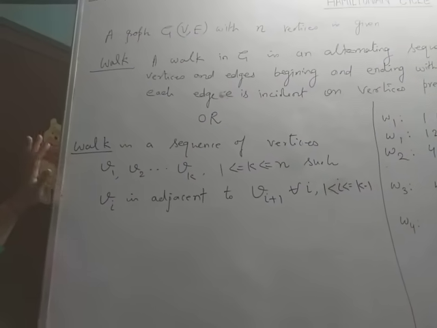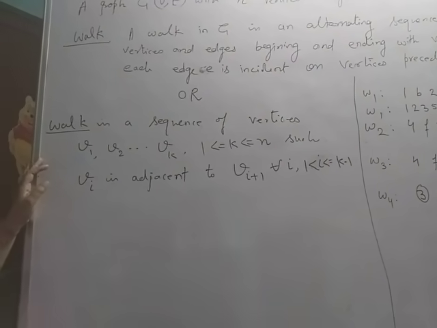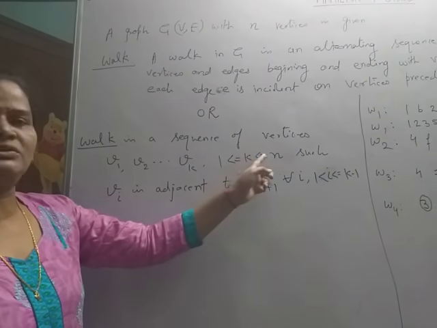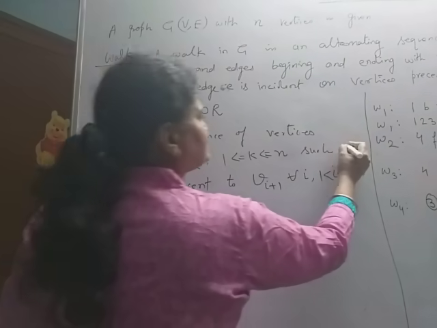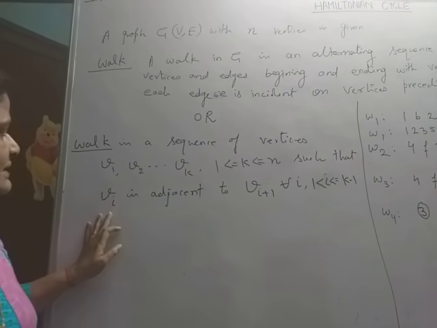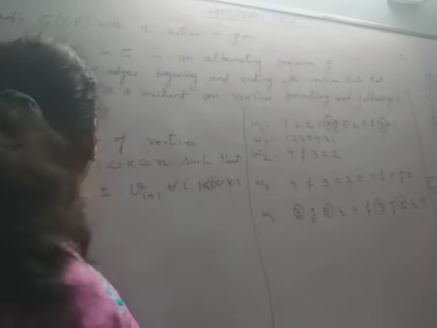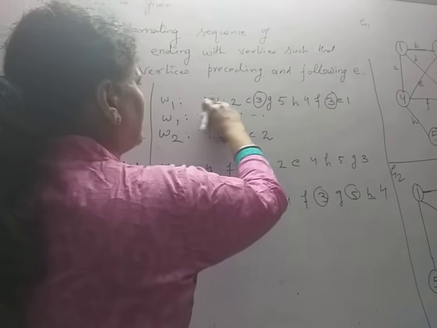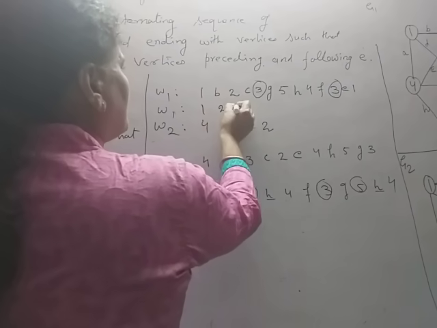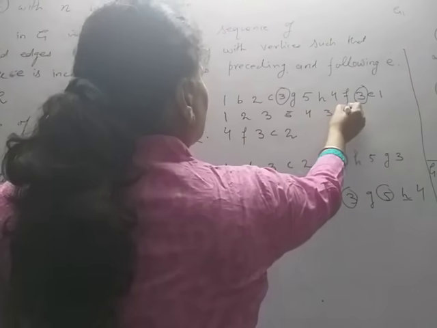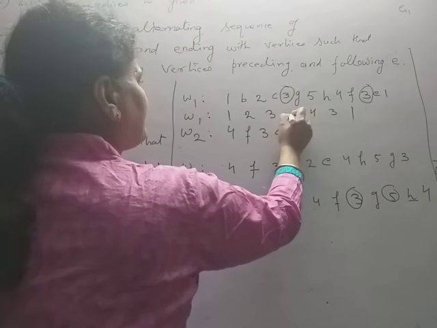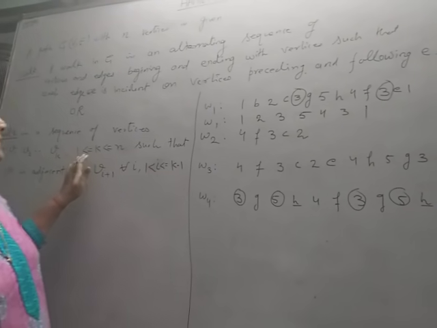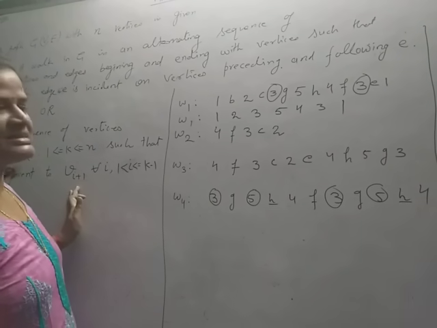Sometimes, in short form, we avoid writing the edges. So a walk is a sequence of vertices V1, V2, so on, Vk, where k varies from 1 to n, such that Vi is adjacent to Vi plus 1.